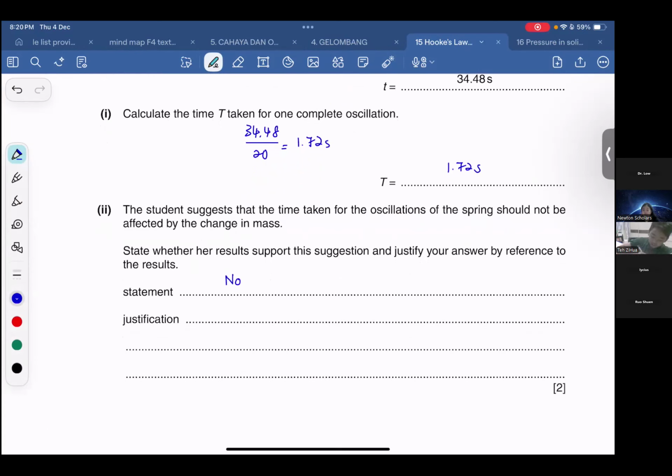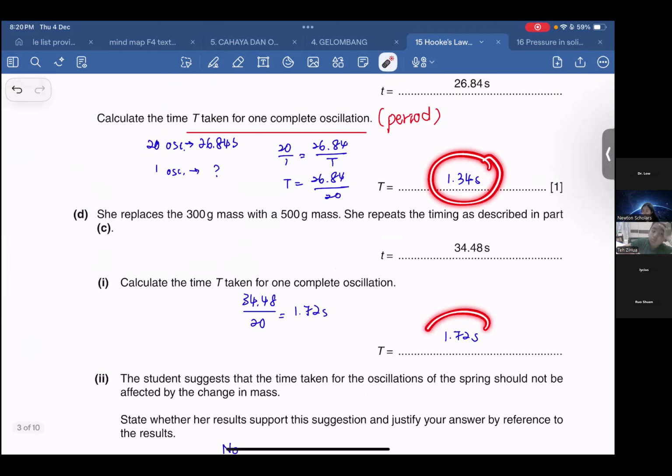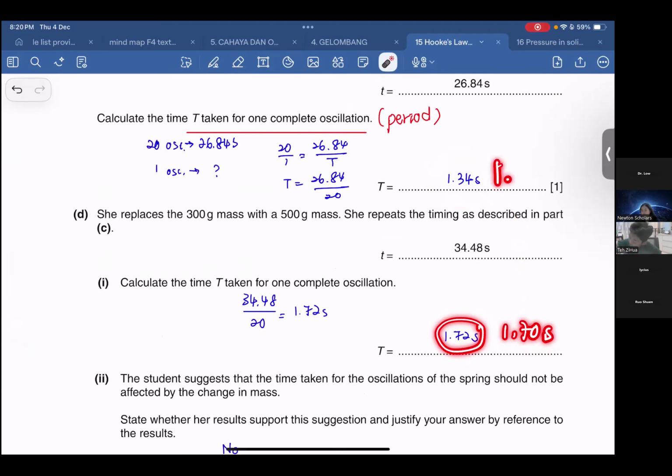We need to explain that these two values, their difference is too big, too far from each other. They do not need to be exactly the same. Normally, we will say roughly plus minus 10%. So let's say this one is 1.70 seconds and this one is 1.72.